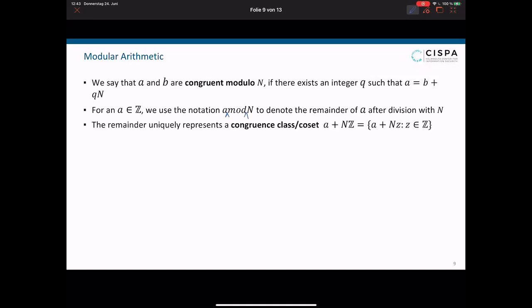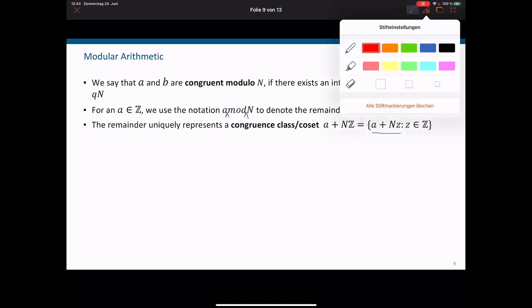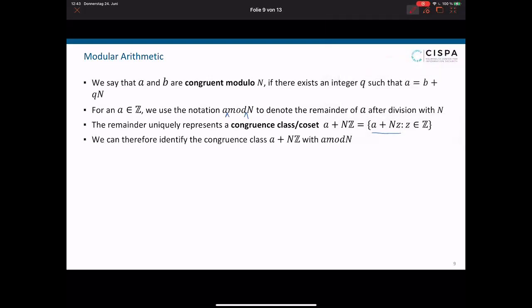So the remainder of a modulo n uniquely represents the congruence class or coset a plus n times z. Right? This is just the set of all integers of the form a plus n times z for some integer z. Let's maybe quickly draw how this looks.